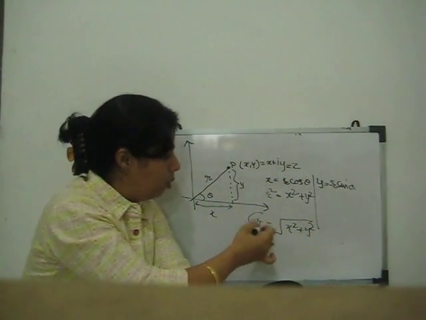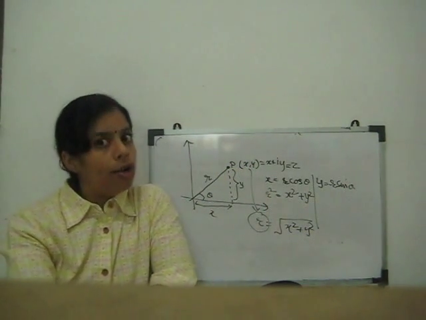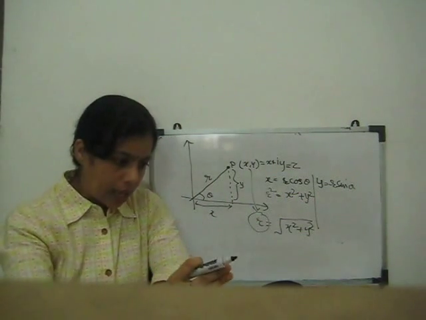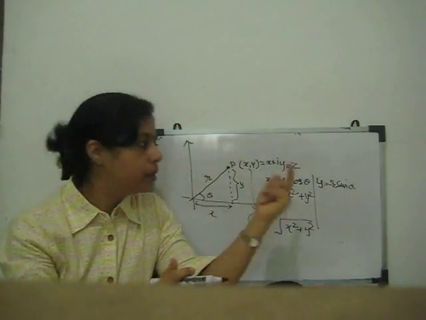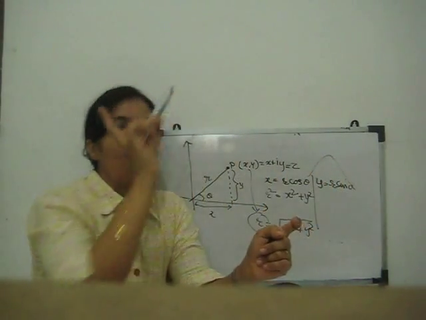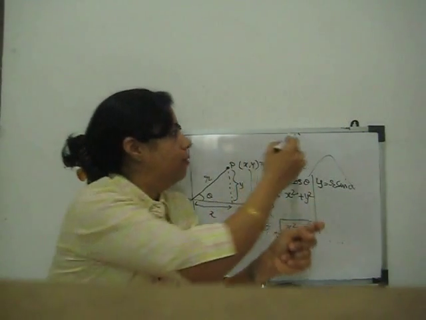So it is the modulus of the given number, which always gives a positive value. Then this value of theta is called the argument or amplitude of z.